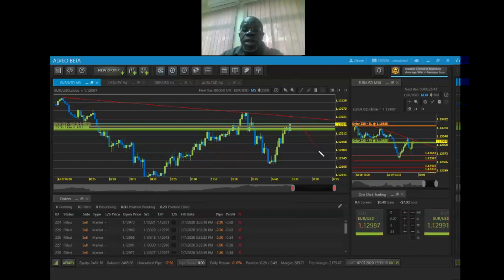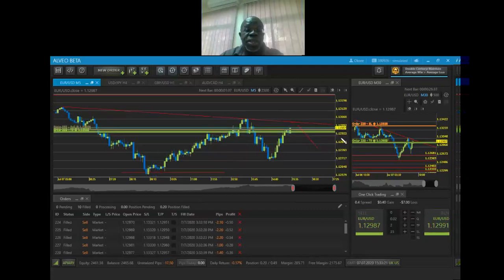and then come down. But I'm also cognizant of the fact that if we draw a trend line from there, it'll come there, and it might form something like a wedge. So I think the market, as you can see, has come up, then come down.